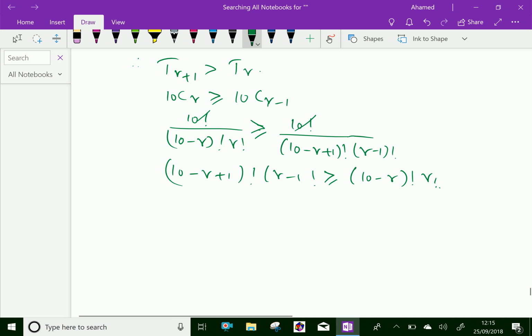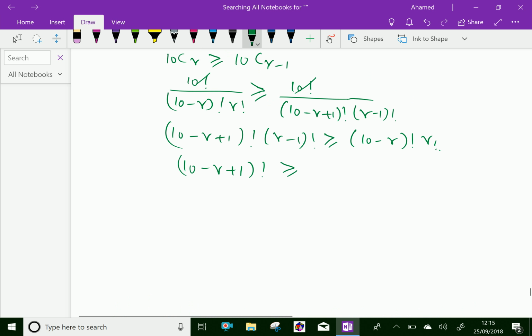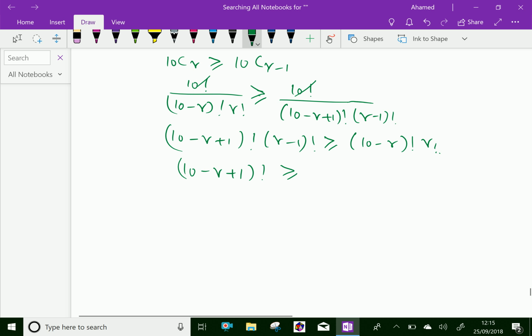After that, (10 minus r plus 1) factorial is written as (10 minus r plus 1) into (10 minus r) factorial, and r factorial can be written as r into (r minus 1) factorial.